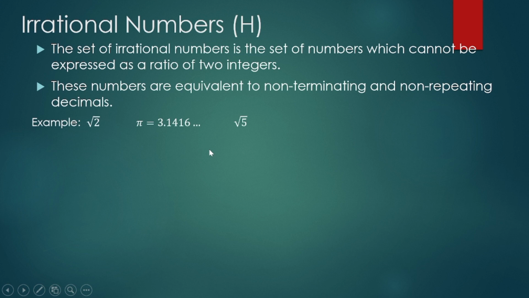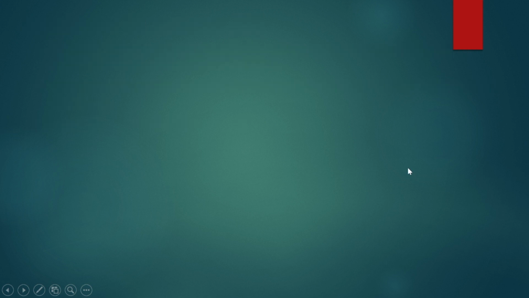So, halimbawa ng ating mga irrational numbers is katulad po ng square root of 2, square root of 5. Wala po silang mga eksaktong value. So, hindi po sila natin pwedeng i-express as ratio or fraction. Kaya po siya irrational numbers.